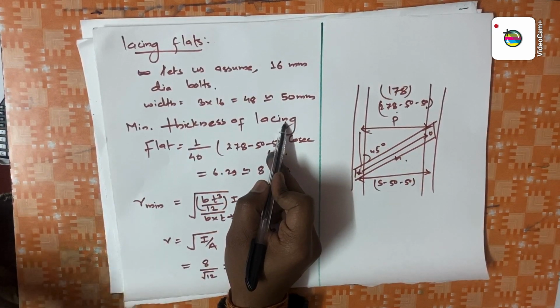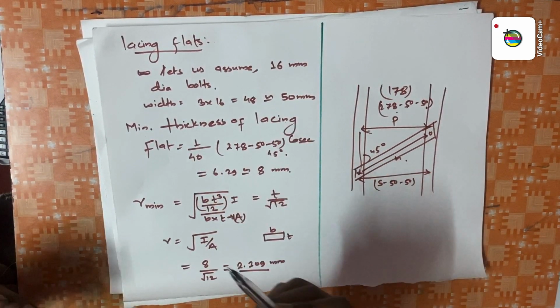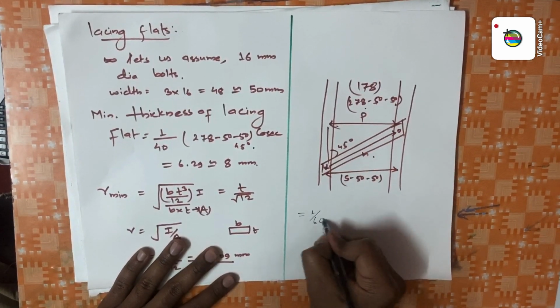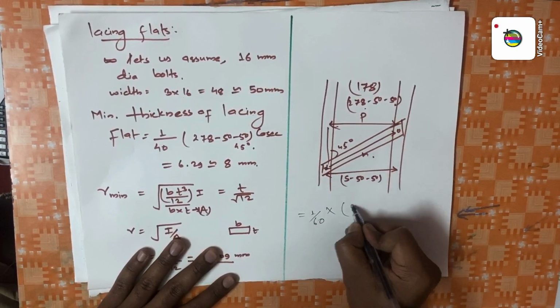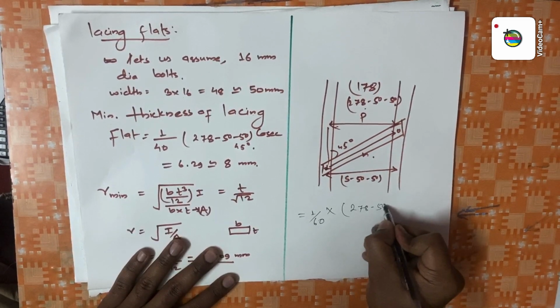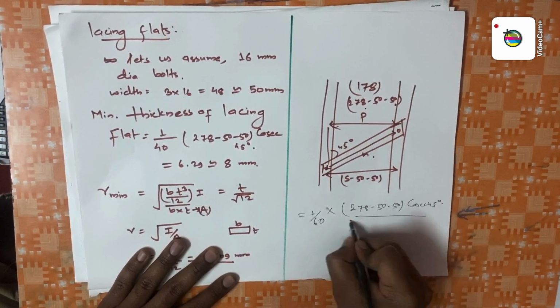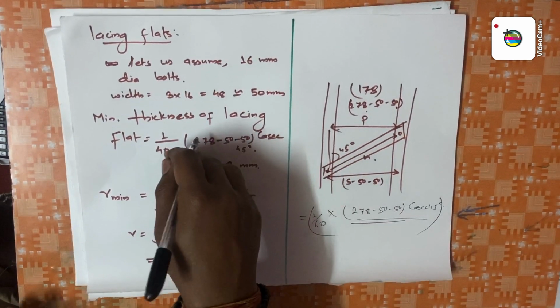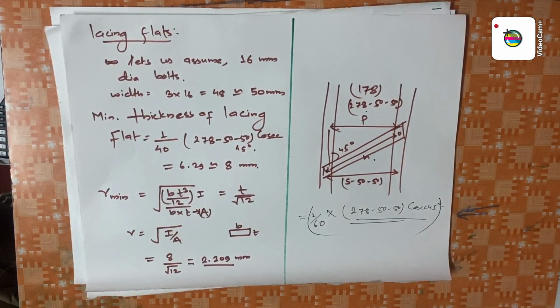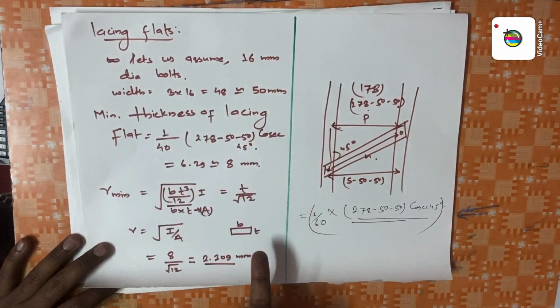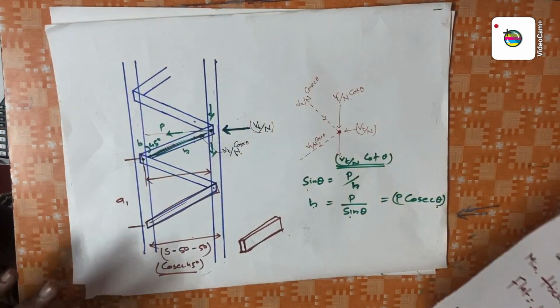In case of double lacing system, the minimum thickness of lacing flat will be 1 by 60 times 278 minus 50 cosec 45 degree. This is the difference between a single lacing system and a double lacing system. So instead of 1 by 40, it will be 1 by 60. Okay, so this is all the numerical.